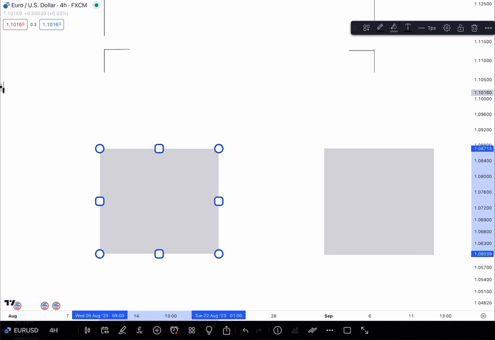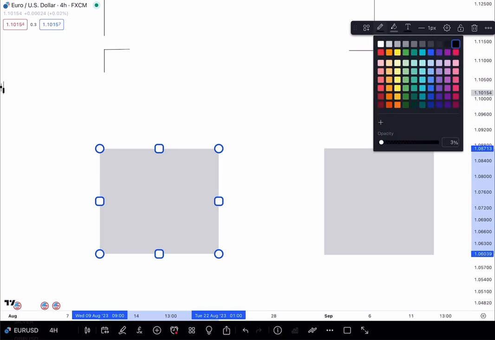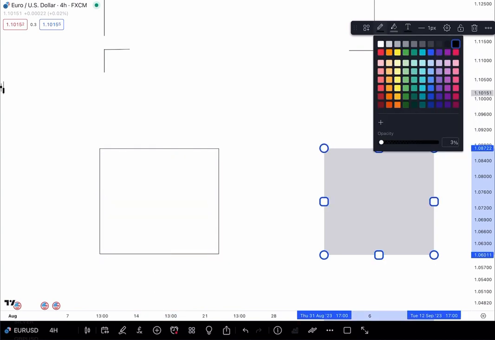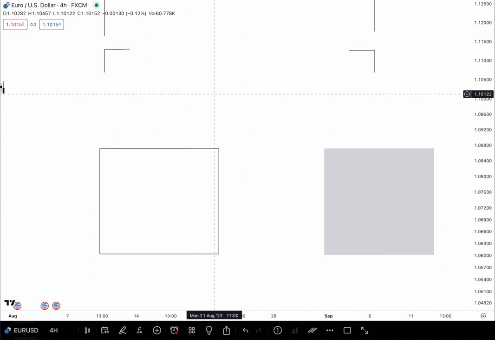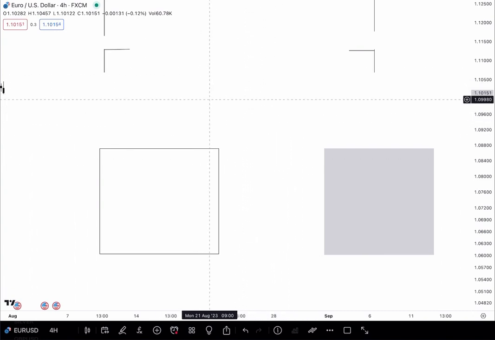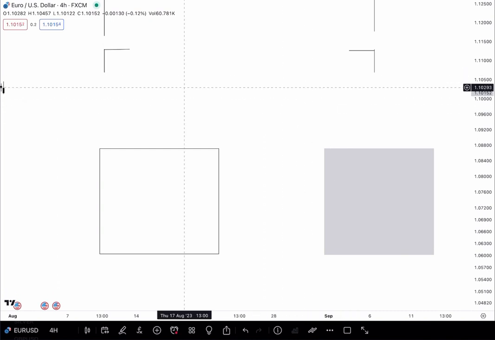Whichever one you want to believe in, it doesn't matter. What matters is how do you apply it, how do you use it. I personally like to believe that they consist of three parts. So I like to see accumulation in one candle, manipulation in the second candle, and distribution in the third candle to the first candle, right?